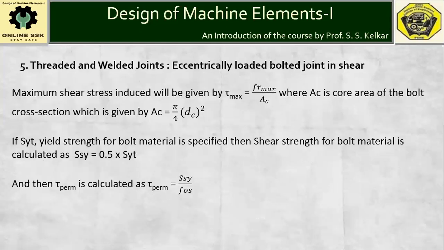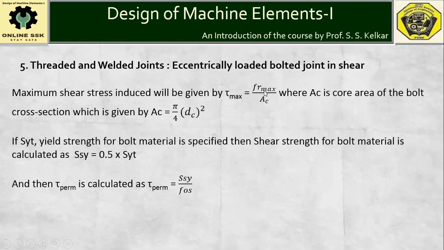Now, the induced maximum shear stress inside the critically loaded bolt, tau max induced, will be given by the resultant force as experienced by the critically loaded bolt, which will be denoted by Fr max because it is the maximum resultant shear force, divided by its core cross section area, which is given by pi by 4 dc square.